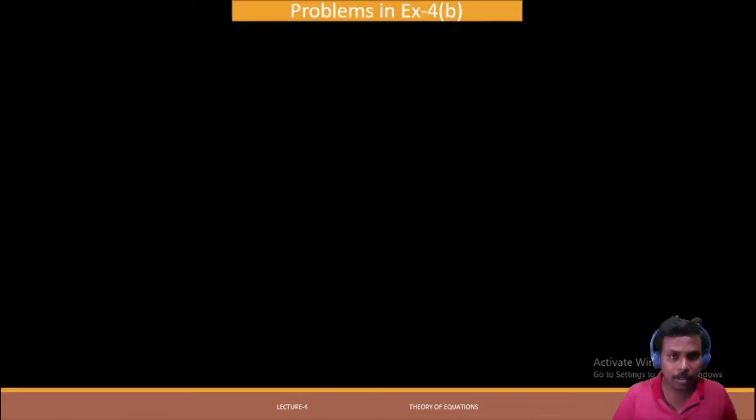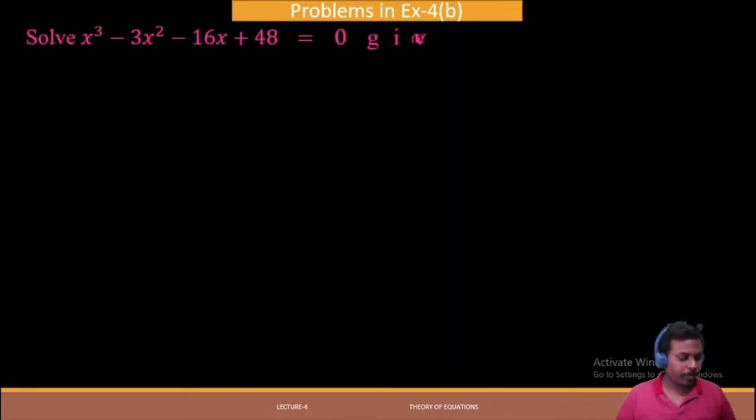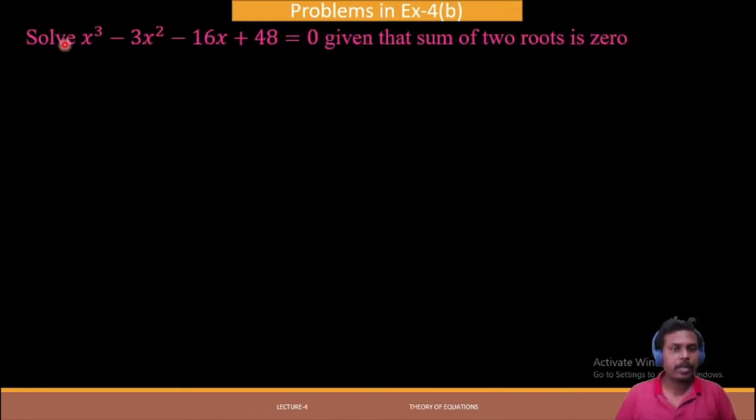Let us solve some problems in exercise 4a. Here is our first problem. Solve x cube minus 3x square minus 16x plus 48 is equal to 0, given that the sum of two roots is 0. Let us write down the solution for this. So here is the solution.